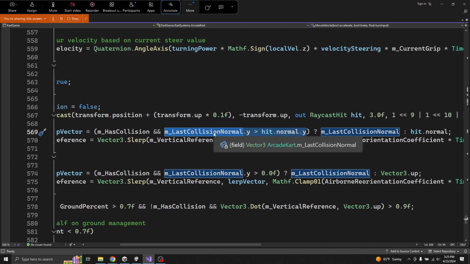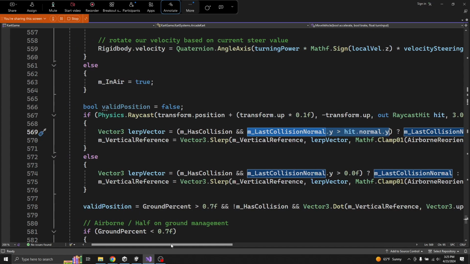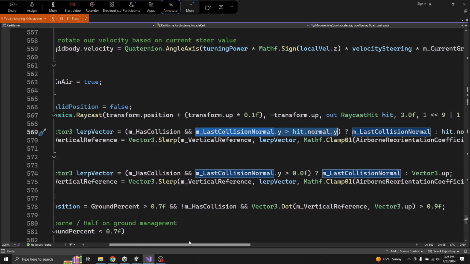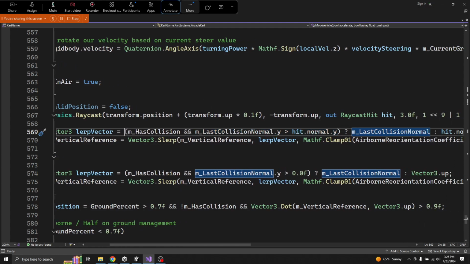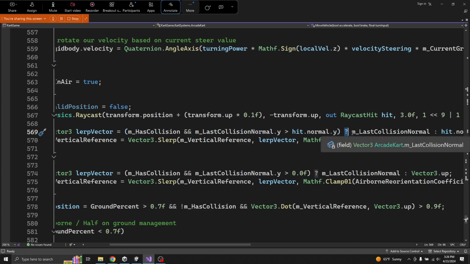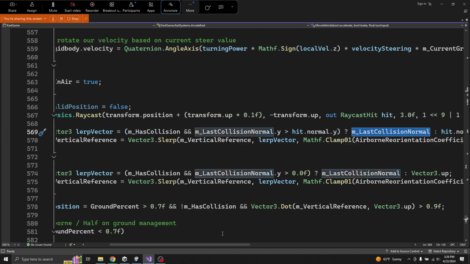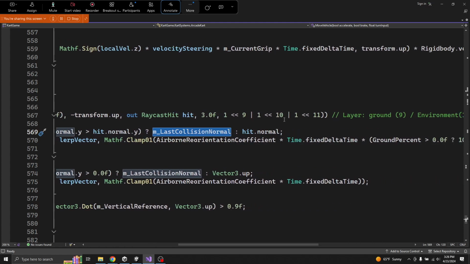So if our last collision normal, if the y was greater than what we currently hit, that needs to make sense a little bit. But if all this evaluates to true, this here is called the ternary operator, right? It's like saying, okay, if this is true, we're going to evaluate to this value, or else we're going to evaluate to this.